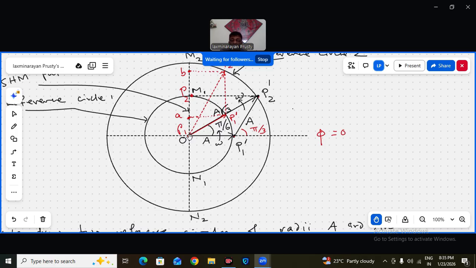I have been asked to find the maximum distance between P1 and P2. The distance between P1 and P2 will be the projection of P1 dash P2 dash onto this diameter, and that projection has to be maximized. When P1 dash P2 dash becomes parallel to this diameter, that is the maximum projection length we will get.